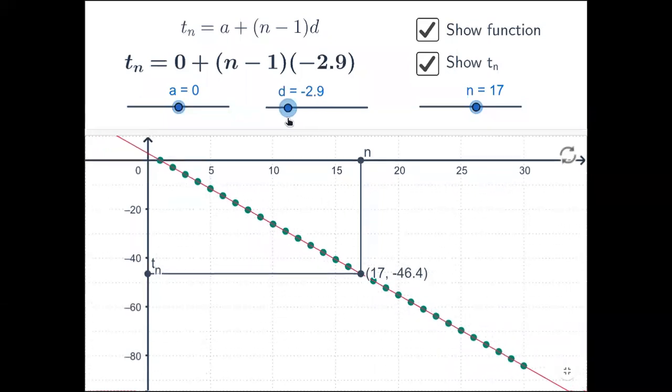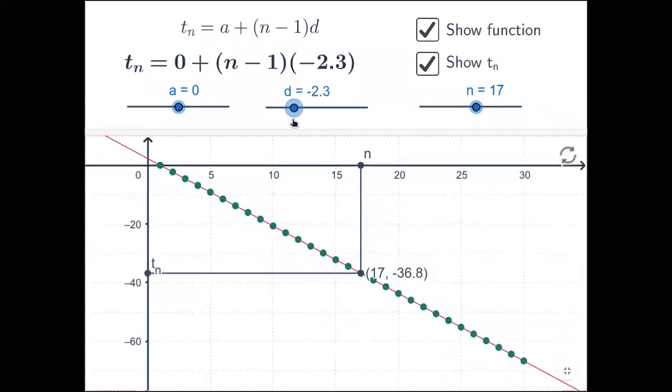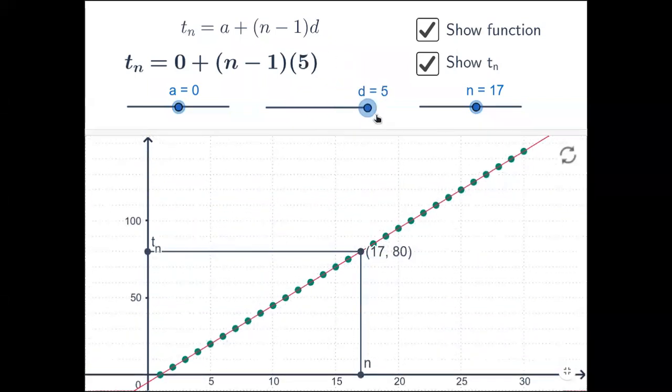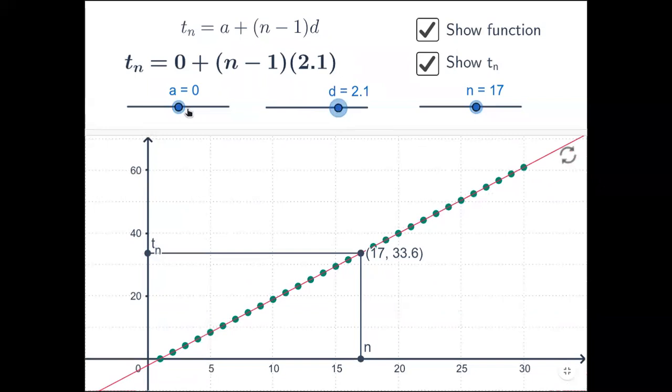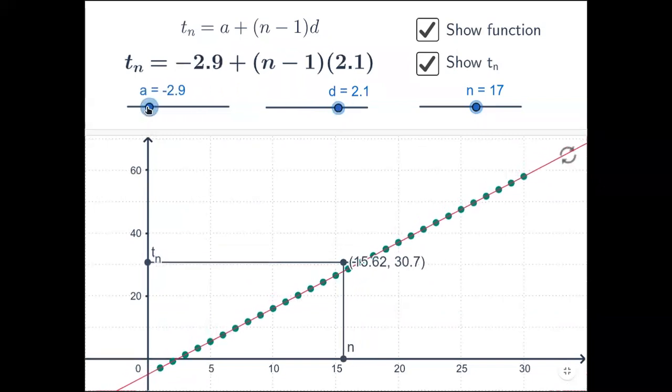This is for the negative values of the d. This is for the positive values of the d. And we can demonstrate how the initial term alters this line.